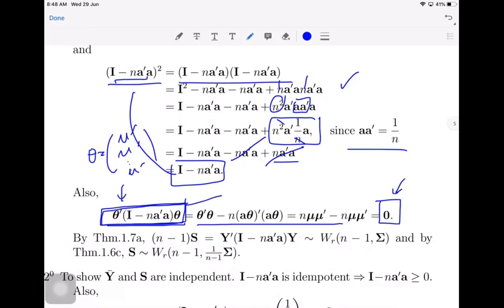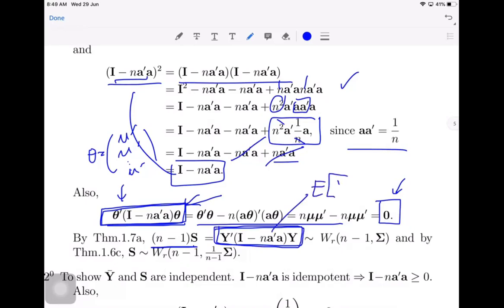This is actually the expectation of this, no? So we are trying to find mu prime mu, or the expectation of this n a prime y. You get the expectation of this.